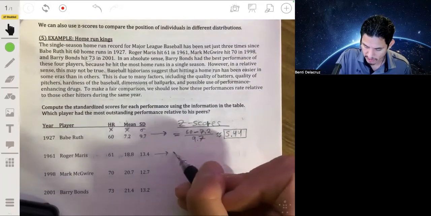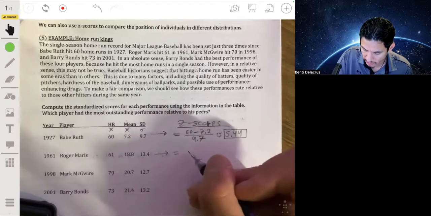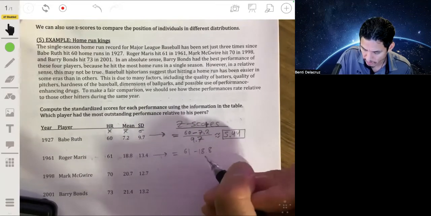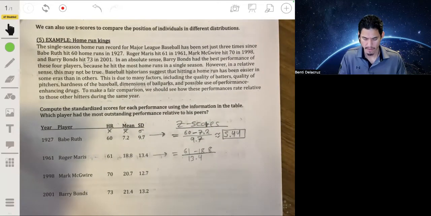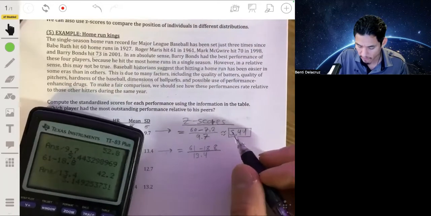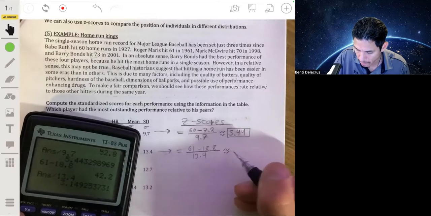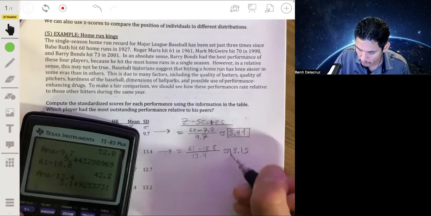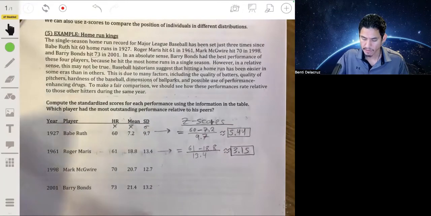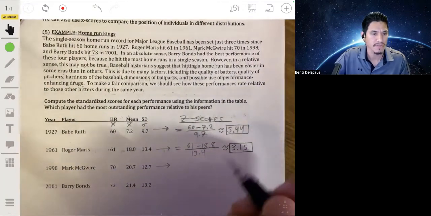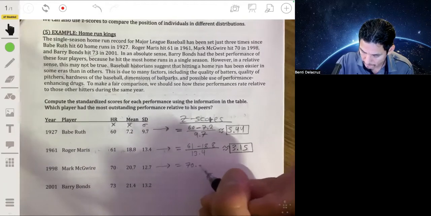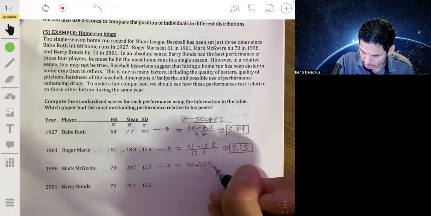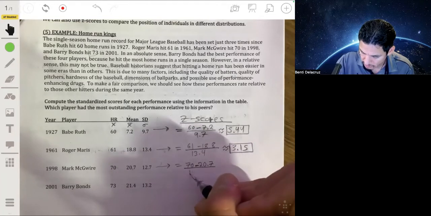For Roger Maris, our z-score will be 61 minus 18.8 over 13.4. That gives about 3.15. Mark McGwire will have 70 minus 20.7 divided by 12.7.